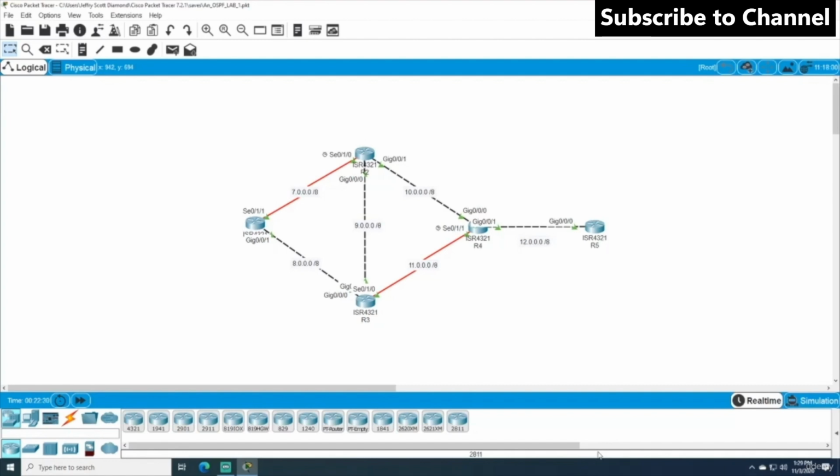Now in the next lesson, we're going to verify our configurations, and we're also going to learn some new show commands that will help us to manage and troubleshoot OSPF.